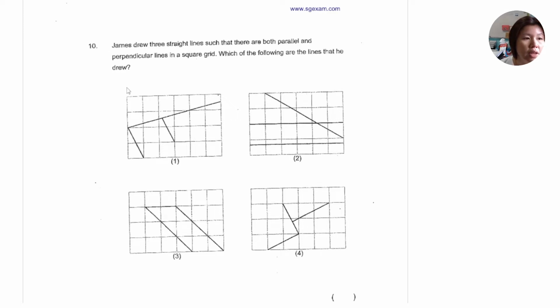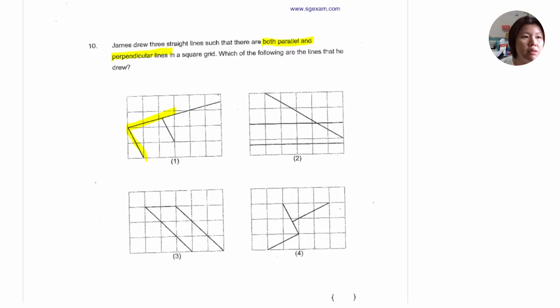So if you can see here, this line is not 90 degrees, so we have to move on because it must be both parallel and perpendicular.